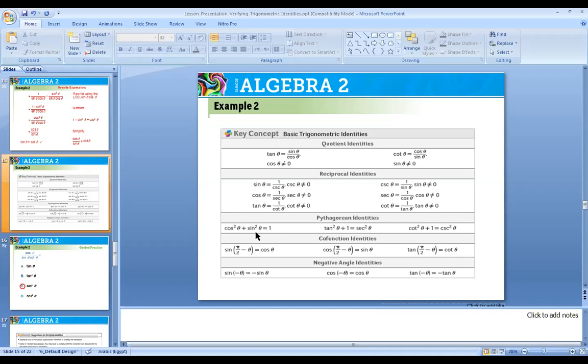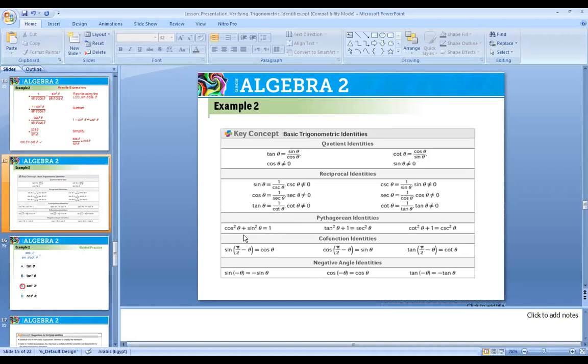So sine squared equals 1 minus cosine squared. If we need to find cosine squared, move sine squared to the other side by subtracting sine squared from both sides, and we get cosine squared theta equals 1 minus sine squared theta.